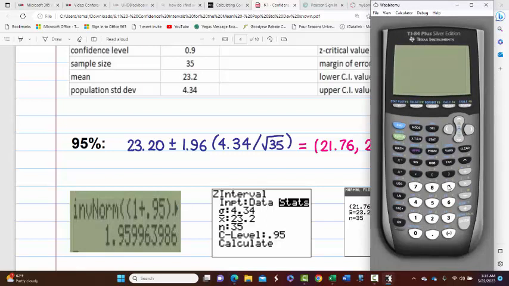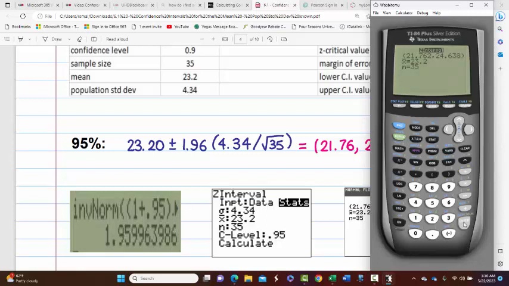So if I go stat, test, Z interval, I just changed the confidence level down here to 0.95. Hit calculate. Okay.